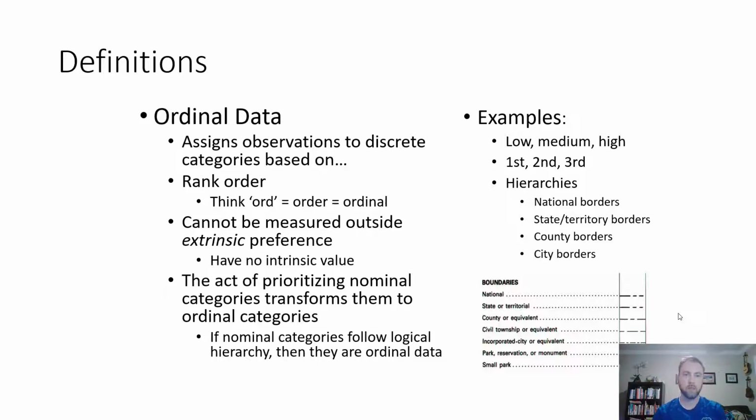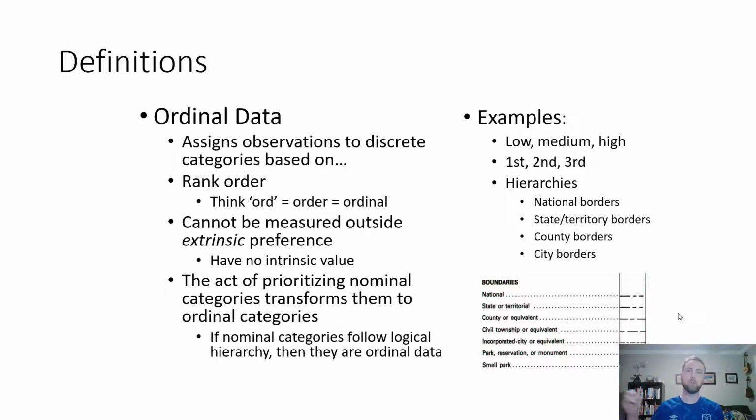All right. So these data cannot be measured outside of extrinsic preferences. So extrinsic, low, medium, high, first, second, third, poor, okay, and best, right? Or good, better, best, something like that. Okay, so these are extrinsic values that are placed on them. They have no intrinsic value. Okay, so there's no intrinsic value to national borders or state borders or county borders.